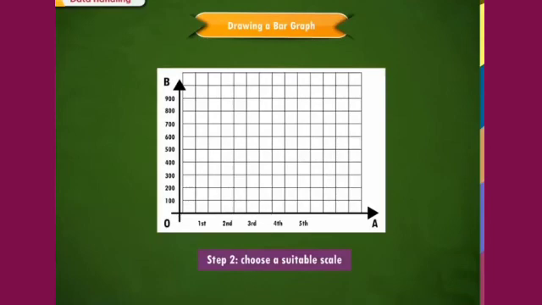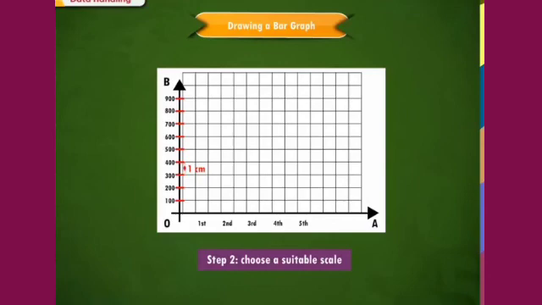We can mark the vertical axis with numbers like 100, 200, 300, 400, 500, 600, 700, 800 and 900. We can stop at 900 as we don't have a number of mattresses beyond 900. So the scale we have chosen here is 1 centimeter equal to 100 mattresses along the vertical axis.